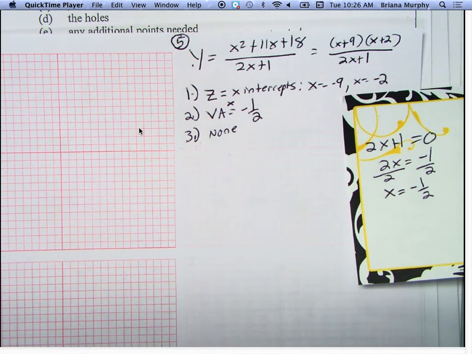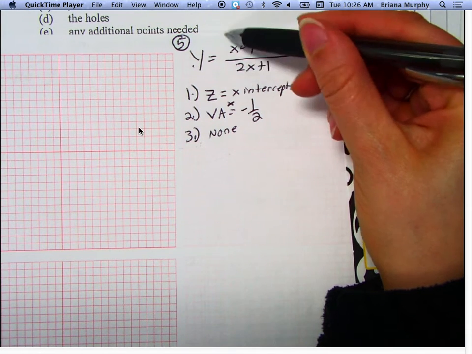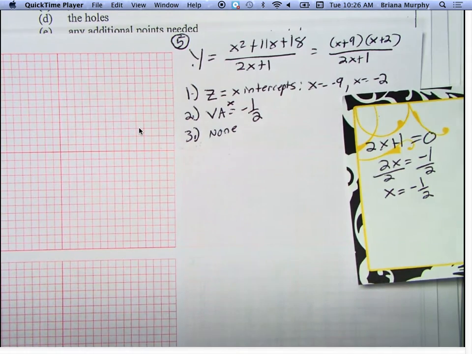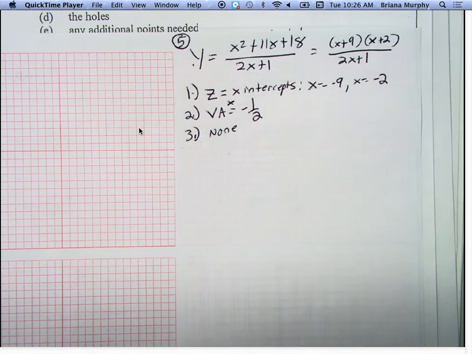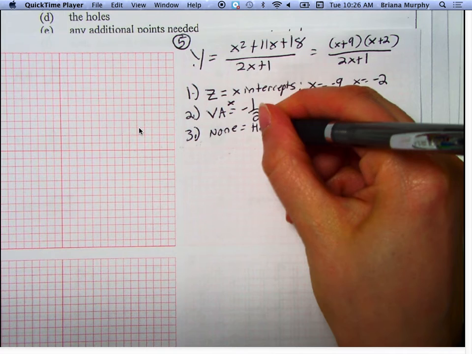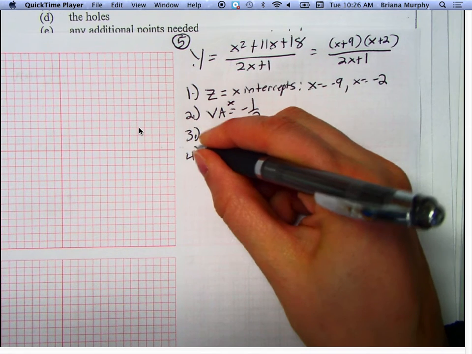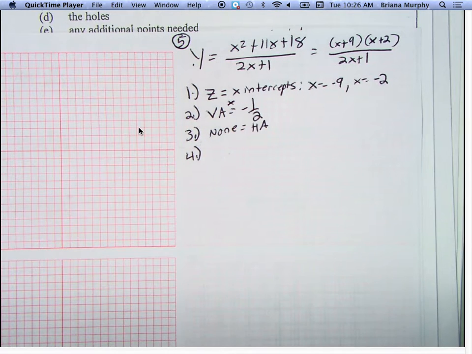If the denominator is bigger than the numerator, it's y equals 0. So there's no horizontal asymptote here.